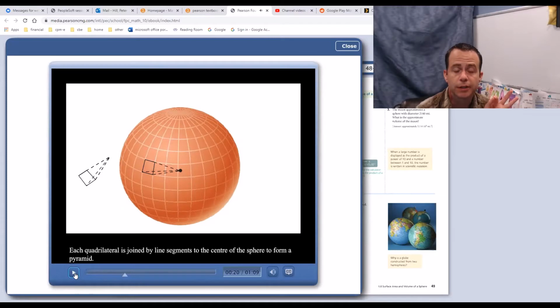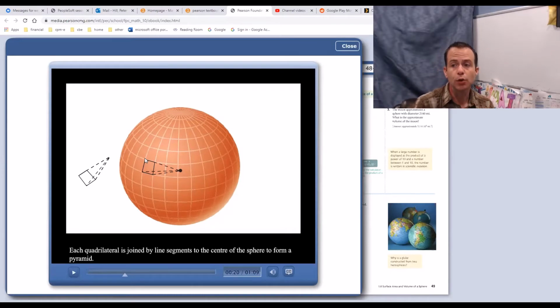Okay, just to clarify there, what we've done is take the surface area and cover it with teeny tiny quadrilaterals. Quadrilateral just means a four-sided figure, okay? Then we connected all the corners of each quadrilateral back to the center of the sphere. That creates a pyramid, okay?